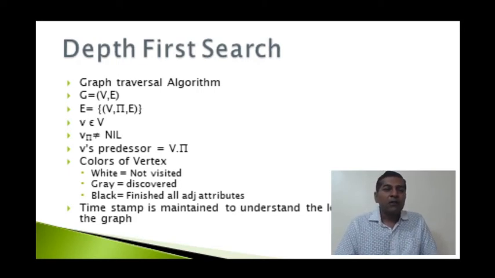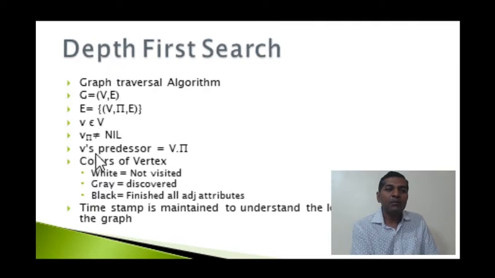So we have the vertices V, and E is the set of edges, where an edge is represented with a pair of vertices, the relation between the vertices being represented with the relational operator.